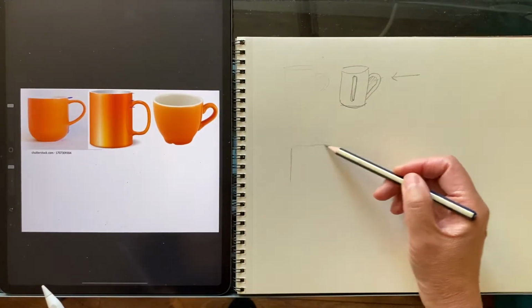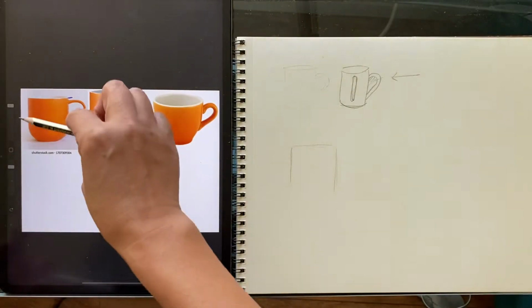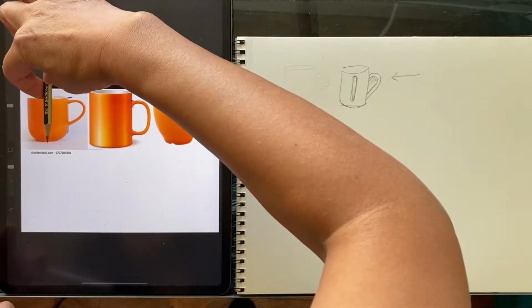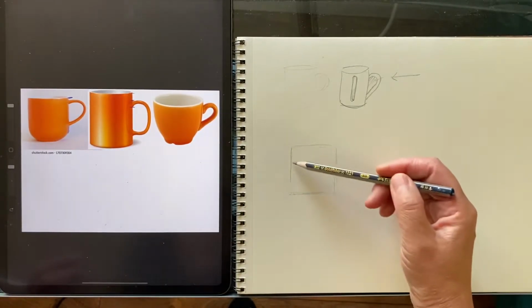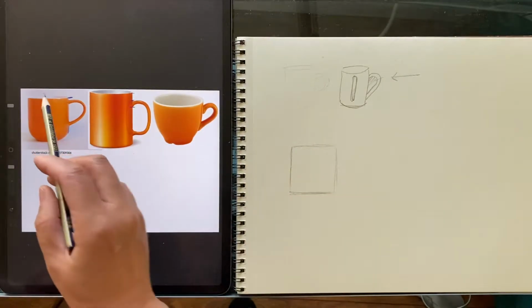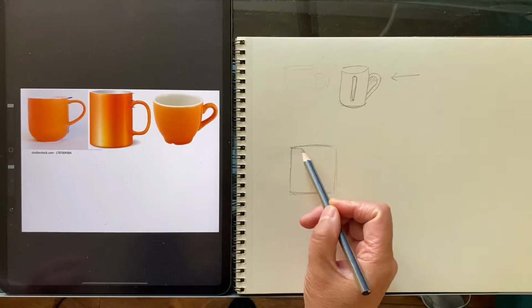First of all, I get the proportion right. I think this is a square. Let me measure it. Yeah, it's literally a square cup. So I can't really see the top, just a tiny mini top.